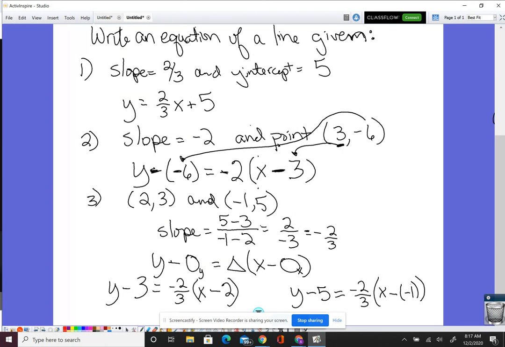There are going to be 4 different types of problems on your assignment. I didn't go over the first one.